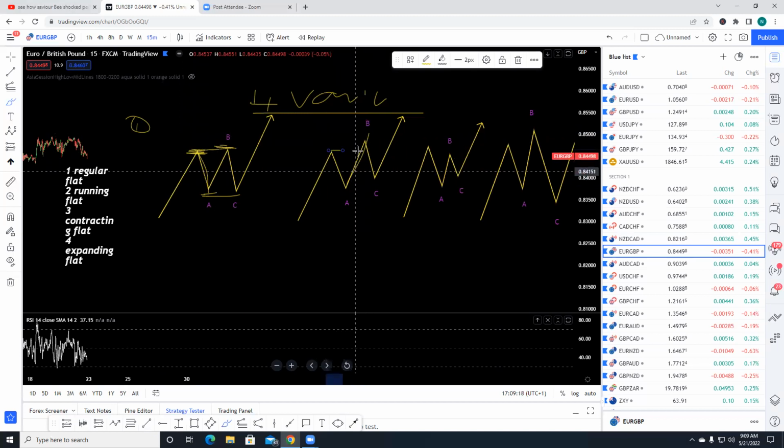Break it to the upside to about 110% of wave A. Look at the length of wave A. When it comes here, it is 100% at this level, but it will break it to about 110%. After breaking it to about 110%, you now see it will come down. And when it's coming down, instead of coming down to the end of wave A here, it doesn't get to the end of wave A here. It will stop here and begin to move upward. This is called a running flat.